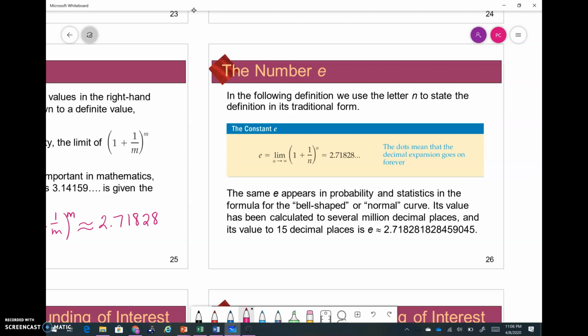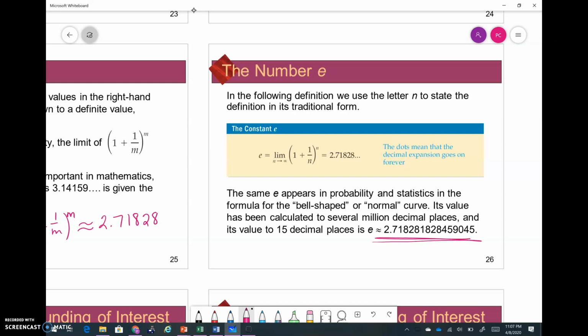So, the same E appears in probability and statistics, in the formula for the bell-shaped or the normal curve. So if you've already taken business statistics, you should have seen this formula. Its value has been calculated to several million decimal places, and its value to 15 decimal places is given here.